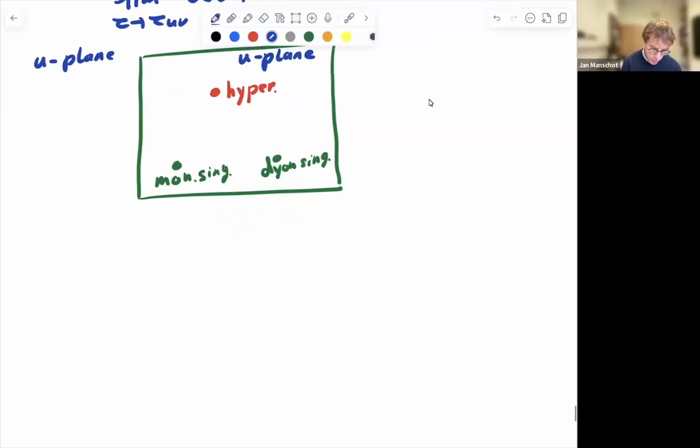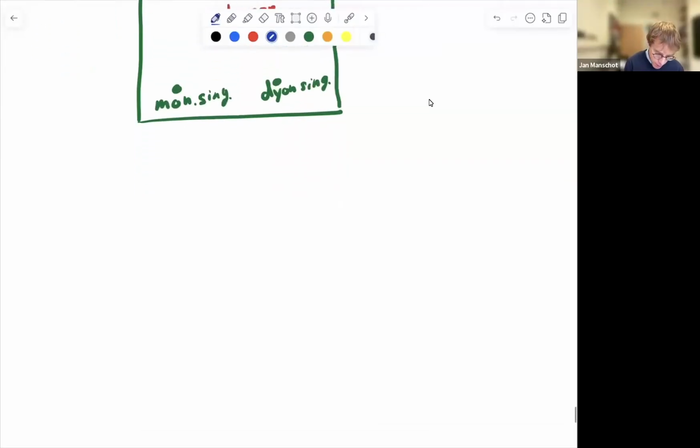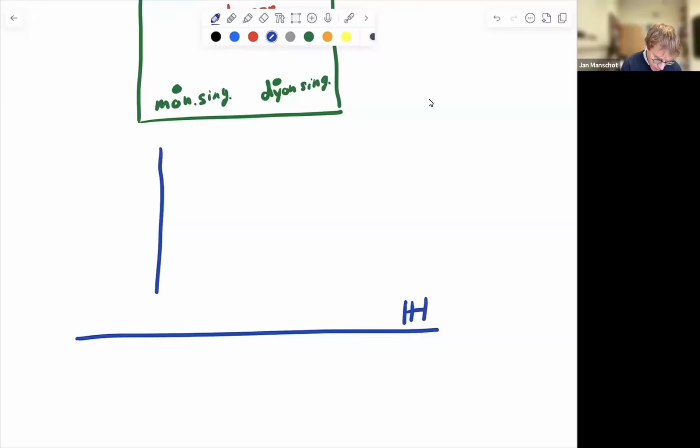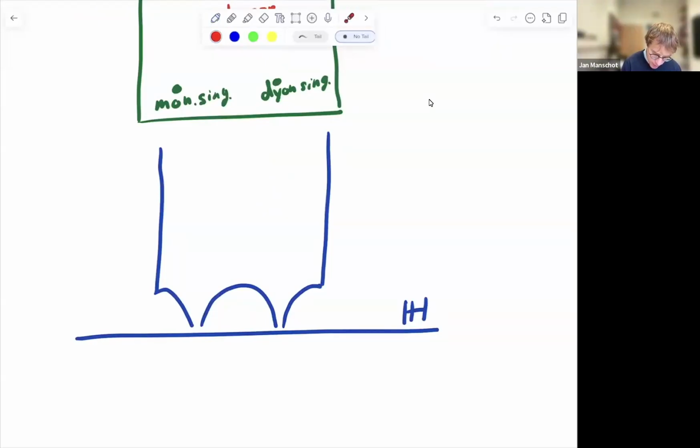Okay, we can change variables again, much like in the pure case, to a domain in the fundamental domain in the upper half plane. I'm drawing the upper half plane. This is a Gamma(2) fundamental domain. It takes the following form. Again, this side is identified with this side, and this arc with this arc.